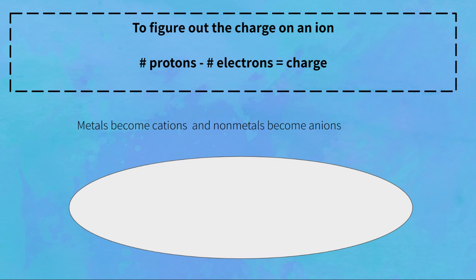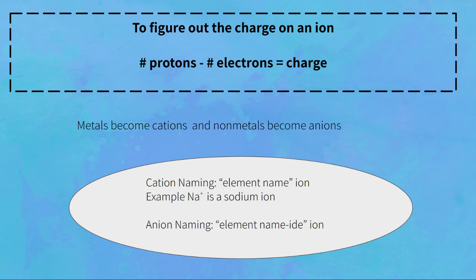Now, the key part to this, though, is that we have to name them differently. So a metal or a cation naming will just be the element name and then ion. For example, sodium is just called the sodium ion because it's a positive ion, so we just call it the sodium ion. It's a little bit different for the negative ones.